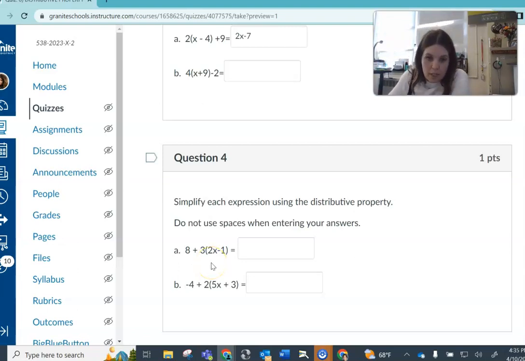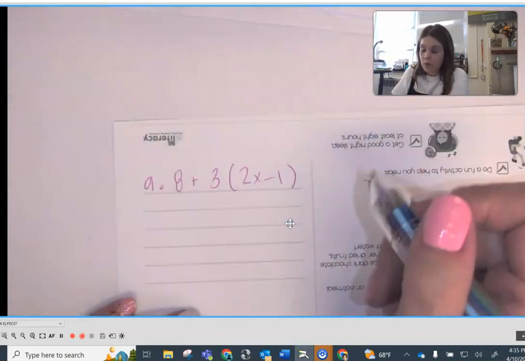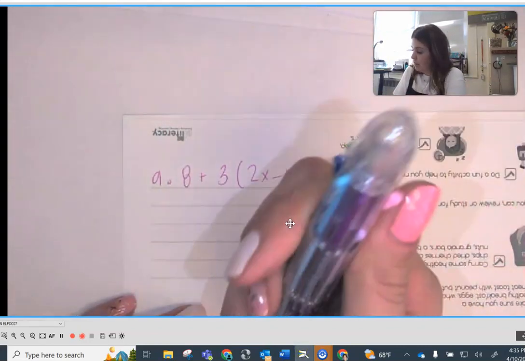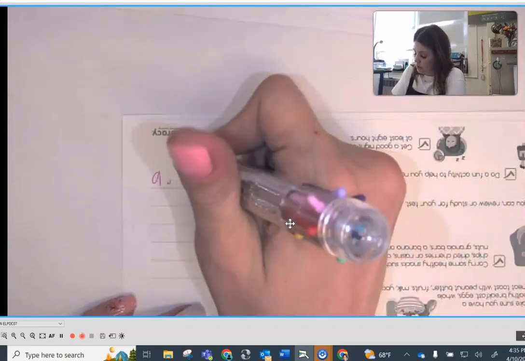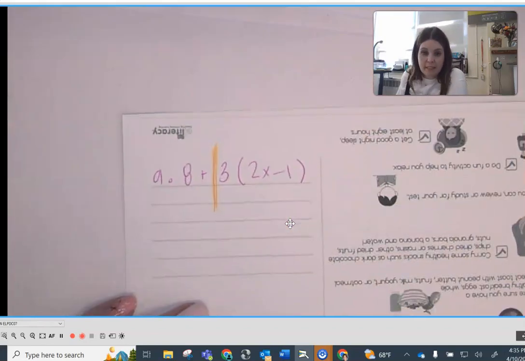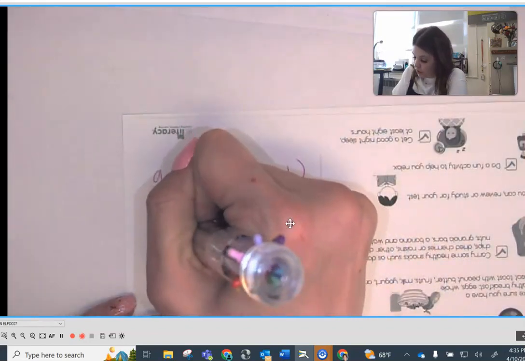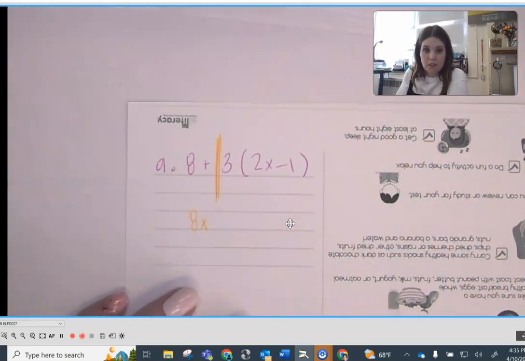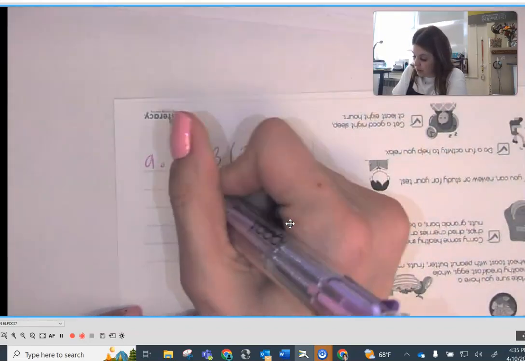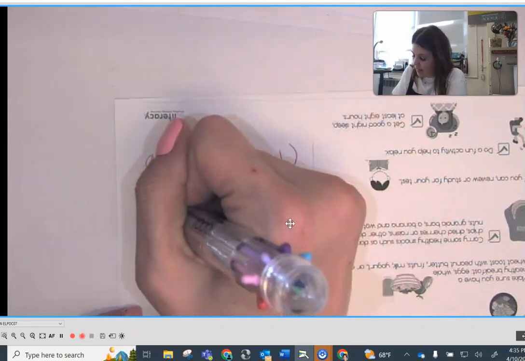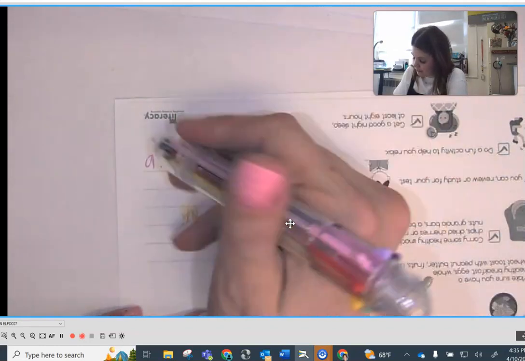Okay, I would like to do A with you. So 8 plus 3 times 2x minus 1. So on this one, we're separating this part. The 8 and the plus aren't involved, so we're just going to bring that down. 8 plus. Oh, that's not an x, sorry. That should be 8 plus.